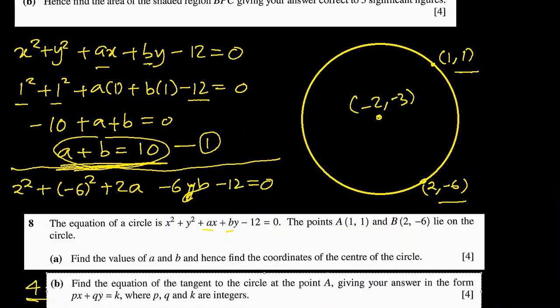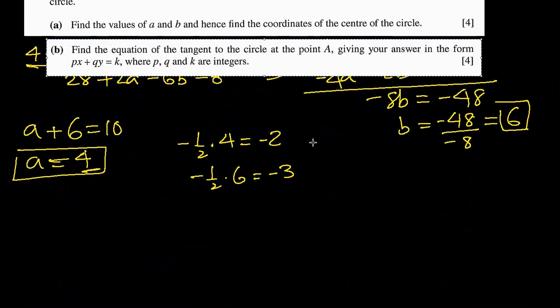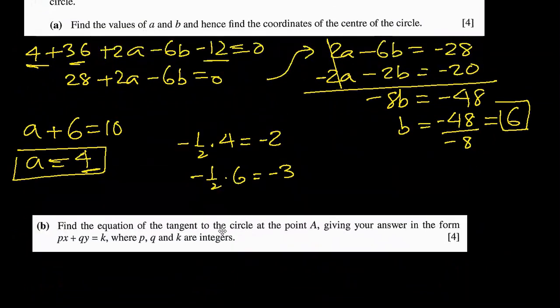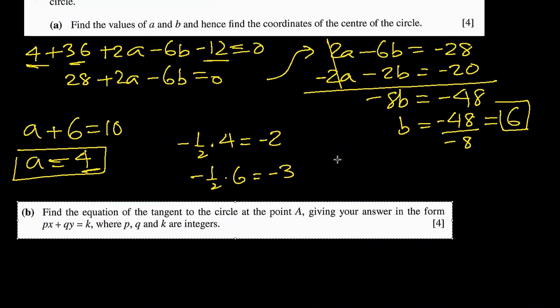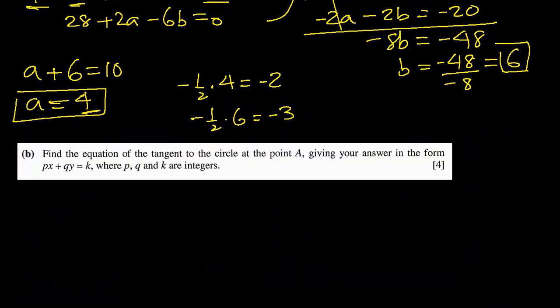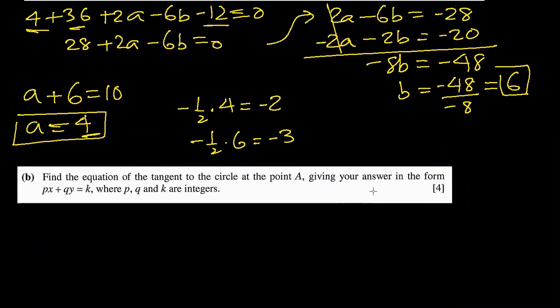Done. Here is the next part. Find the equation of the tangent to this circle at the point A. Point A is (1, 1). Giving your answer in the form px plus qy equals k.